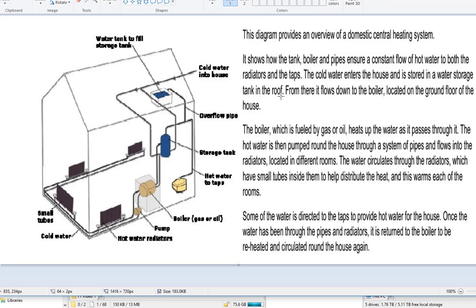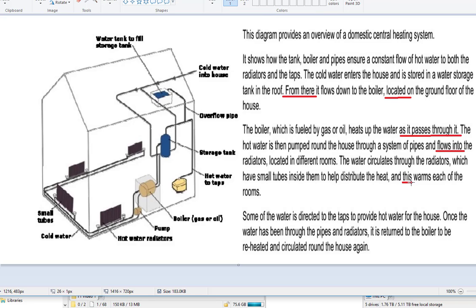Okay, so from there, so it's a specific point located on the ground floor. That's good. As it passes through, because you have a process here, right? As it passes through it. Flows into the radiator.